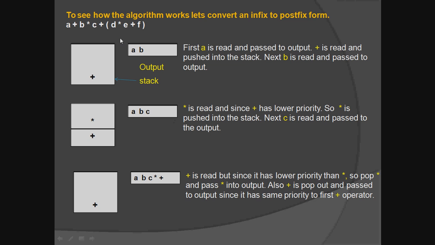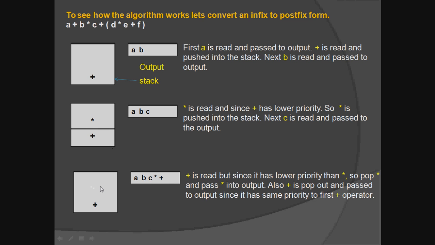Then c is read and passed to the output. Again after that, plus is read, but since it has lower priority than the asterisk, the plus symbol cannot be above the asterisk.